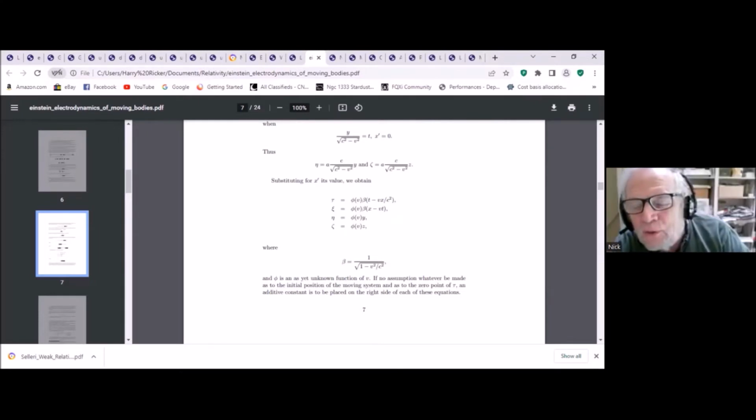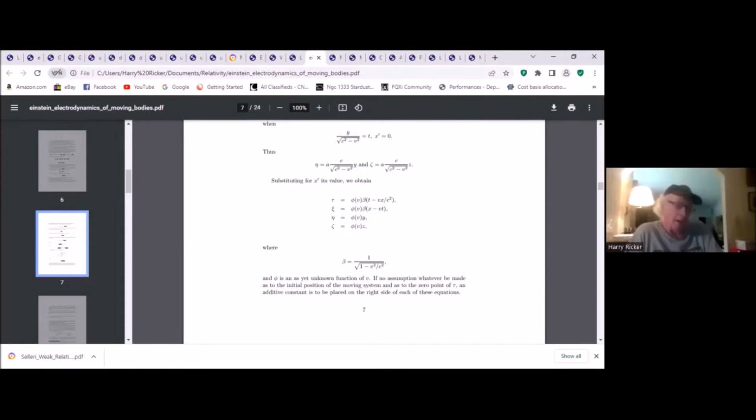Right. So the point is, if you synchronize all your clocks according to a single standard, that's going to disappear. That's what Selleri did. Well, my point is, yes, there are all these different transformations. There's a problem with the Selleri transformation because he has the Lorentz factor inverted for time.